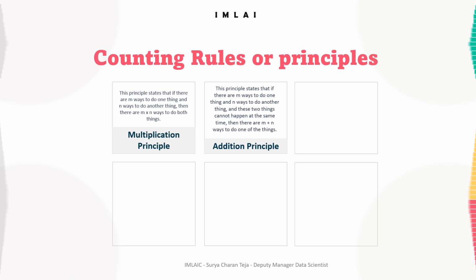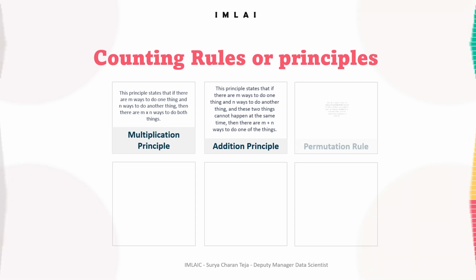If you want to see how many ways you can do one of these things, that question will be answered by the addition principle. But when you want to know how many ways you can do both things, then it's the multiplication principle.